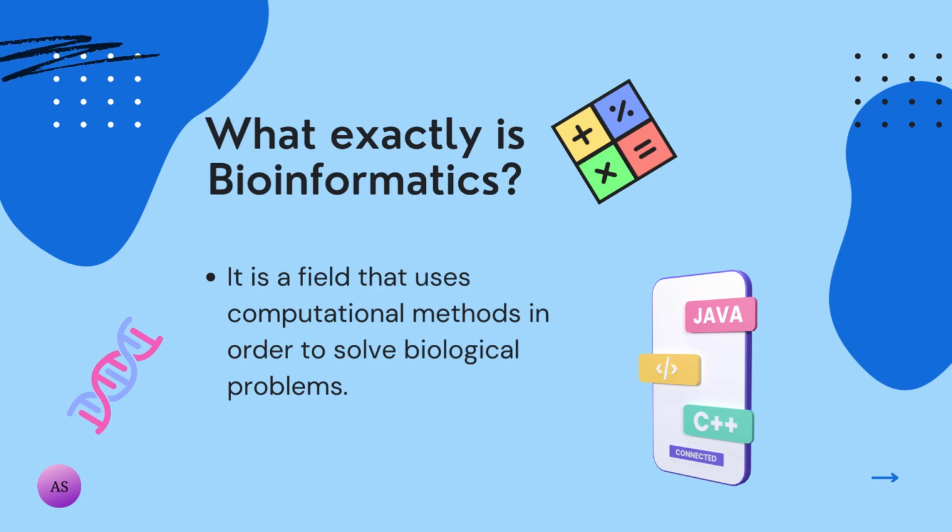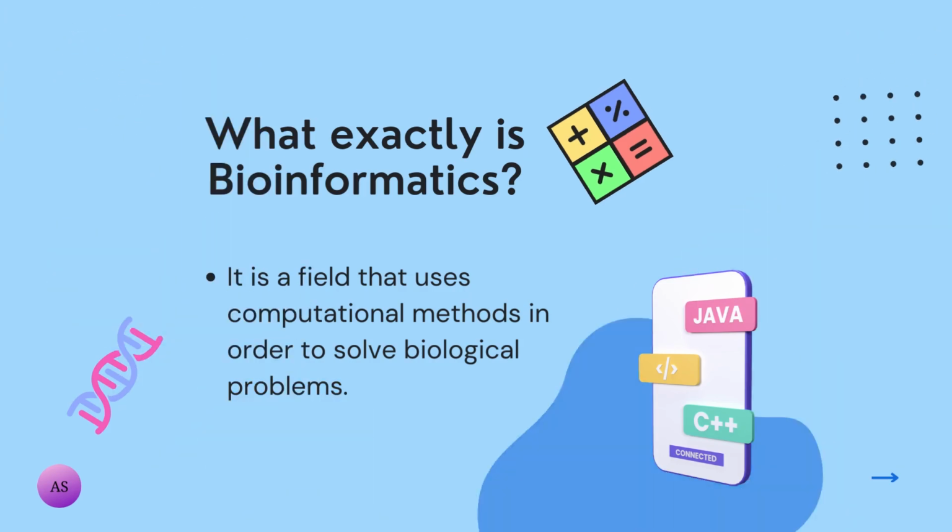So, we're gonna be using all sorts of computational methods, like programming languages in order to develop some tools to help us, like, if you want to predict the structure of a protein, we can use machine learning algorithms and stuff like that. We can develop tools that use those ML algorithms. So it is a field that actually combines biology, computer science, and also maths.